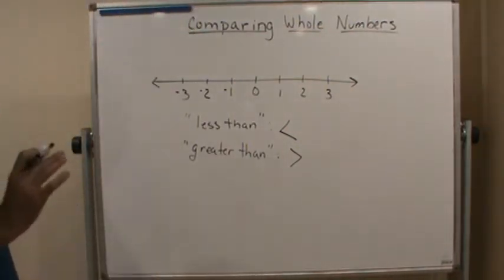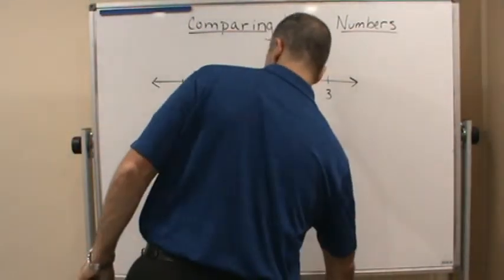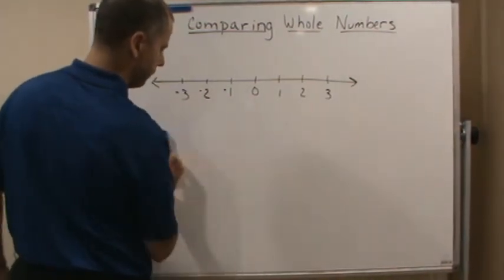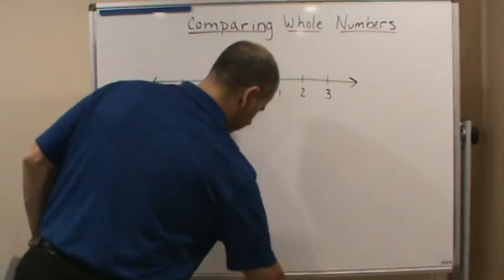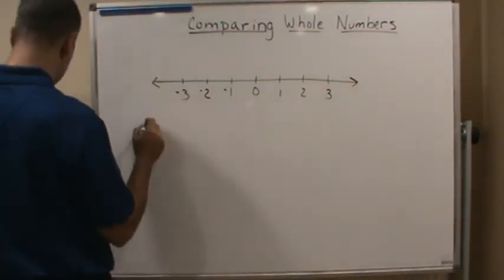Now, the way you do this, there's basically 3 steps. I want you to write this down as you're going through.